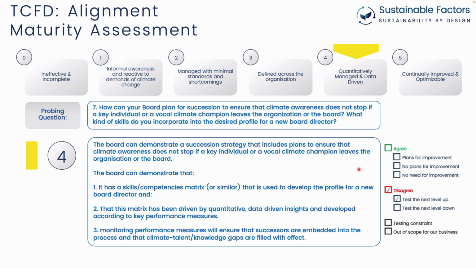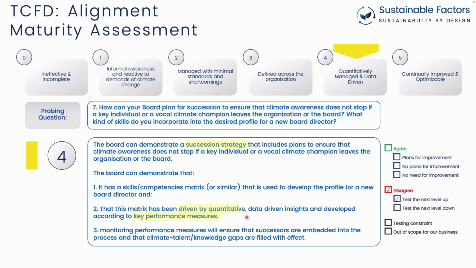The next level up here will be level 4, where again, like level 3, succession planning falls within the strategic dimension rather than a tactical dimension, or of course, just hoping for the best like we saw in level 1. Okay, now at this level, the organization is reliant upon quantitative performance measures to drive that information about the talent gaps in climate awareness.